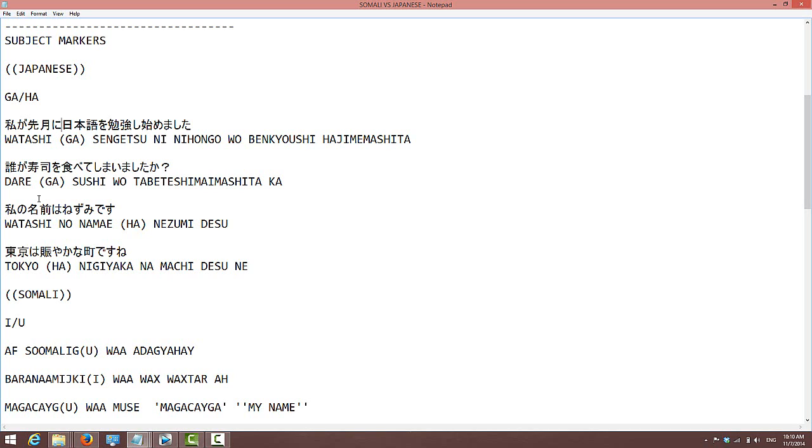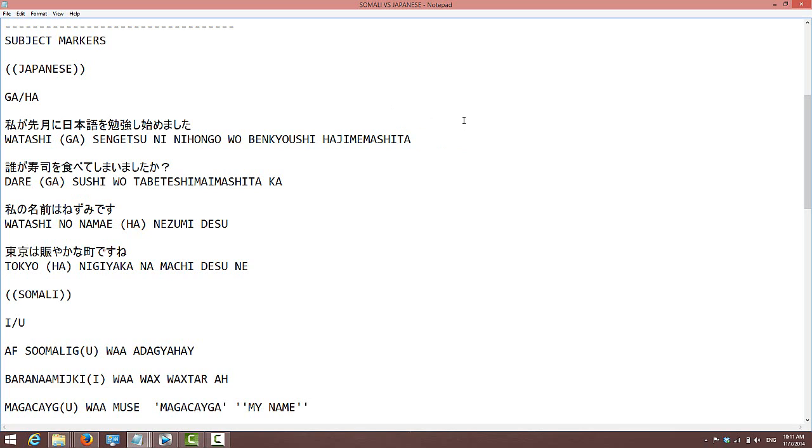Watashi is I, which is the subject. Ga is the subject particle. Sengetsu ni is last month. Nihongo is Japanese, which is the object. O is the object marker. You need the object marker after the object every time. Benkyo shi hajimemashita. Benkyo, again, we saw this before, means study by itself.